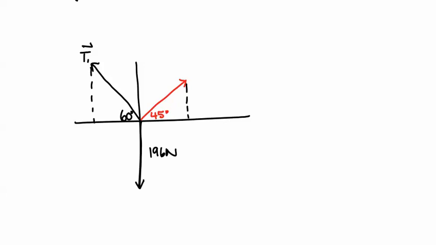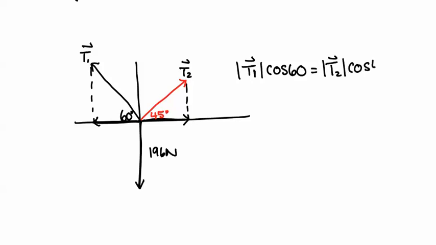So this is T2. Again, I'm not going to solve this, but we know that the x components of these vectors must be equal to each other. So the magnitude of T1 cos 60 has to equal the magnitude of T2 cos 45.